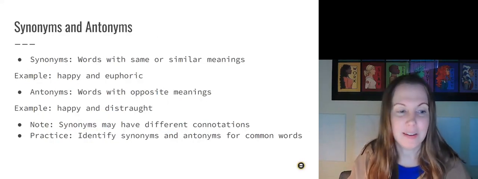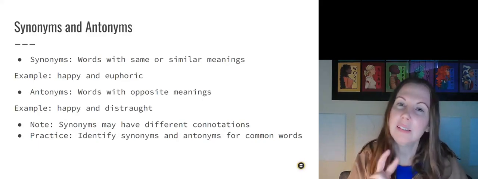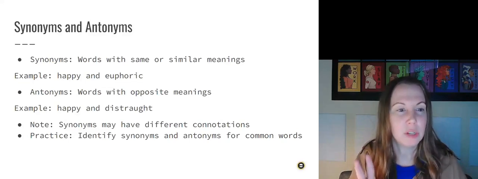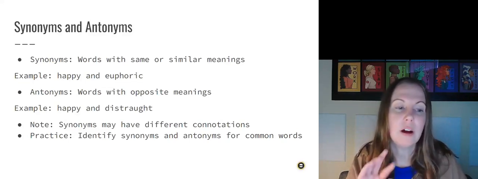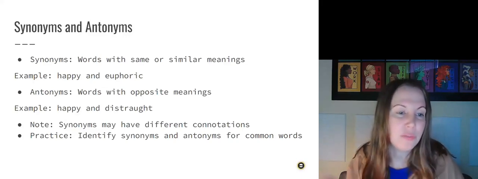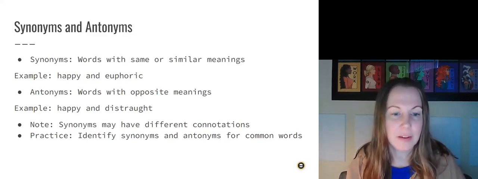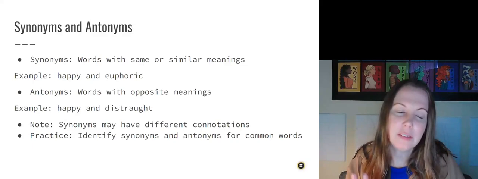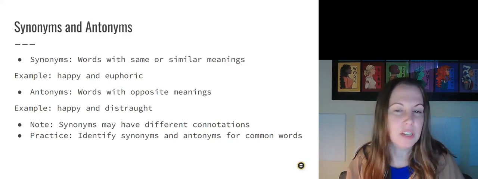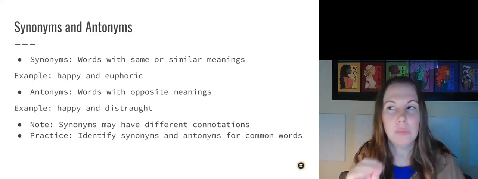So, synonyms and antonyms. Synonyms are words that have similar meanings, and that's pretty easy to remember, right? Synonyms, similar. Antonym is opposite. So a synonym of happy is euphoric. An antonym of happy is distraught. But notice that synonyms may also have different connotations, right? So we want to make sure we're choosing the word that we really want.